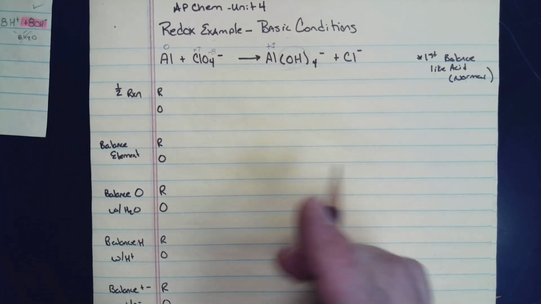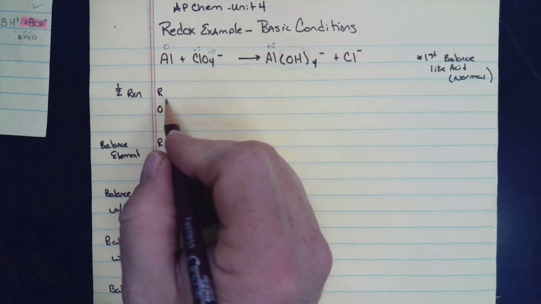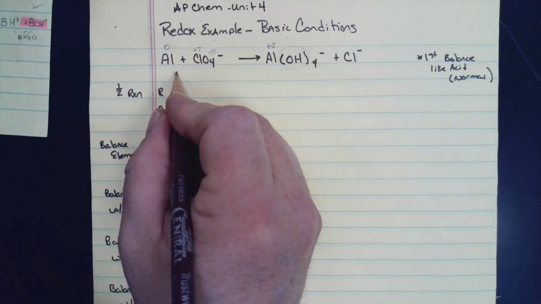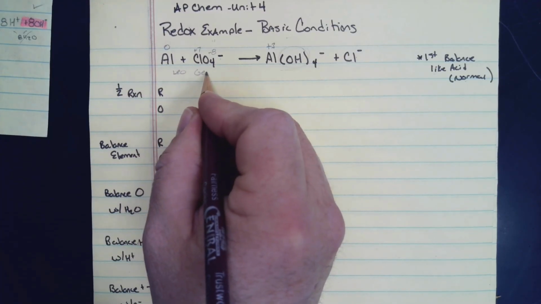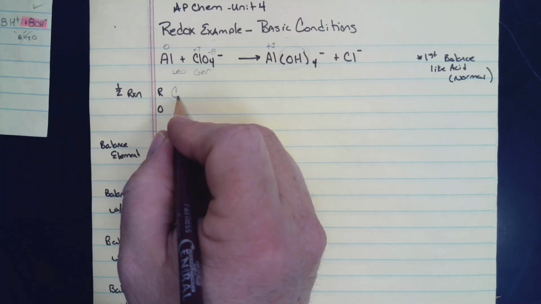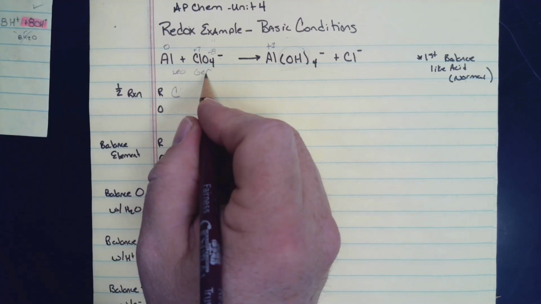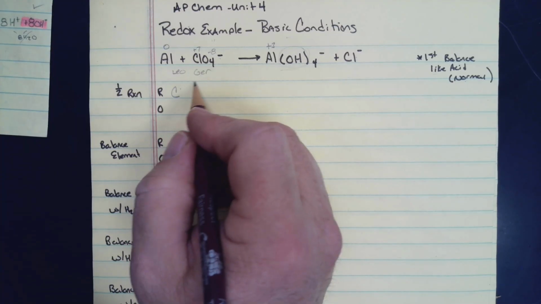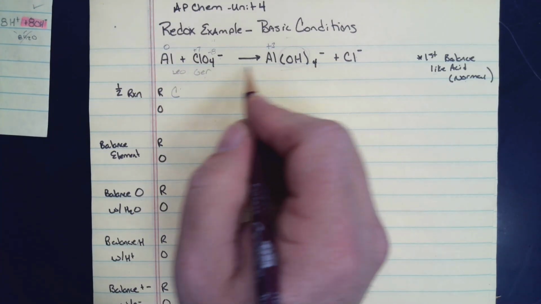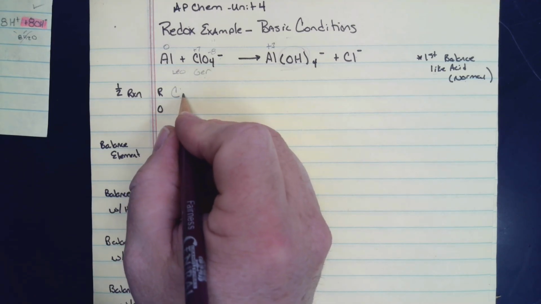So our first step is write the half reactions. And remember, we've got LEO goes GER. So we have chlorine is my reduction one because it gains electrons. Remember, it gained 8 electrons in this case.